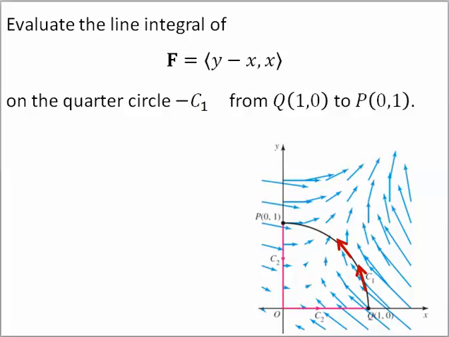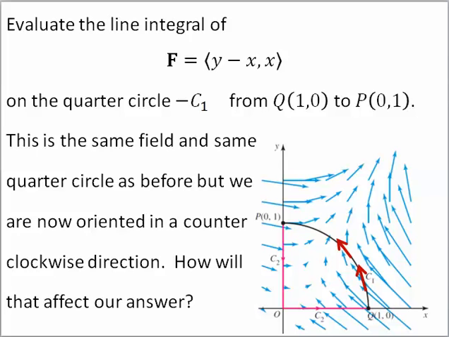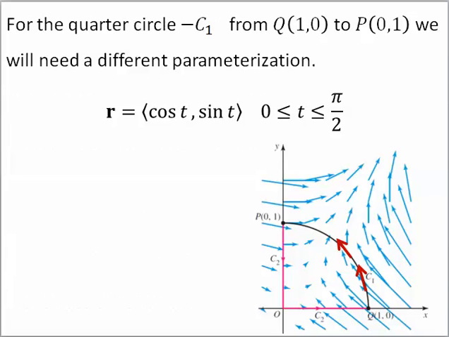Let's evaluate the line integral on the quarter circle -C1. So now we're going counterclockwise. This is the same field and same quarter circle as before, but we are now oriented in a counterclockwise direction. And the question is, how will that affect our answer? So we get the orientation for -C1.